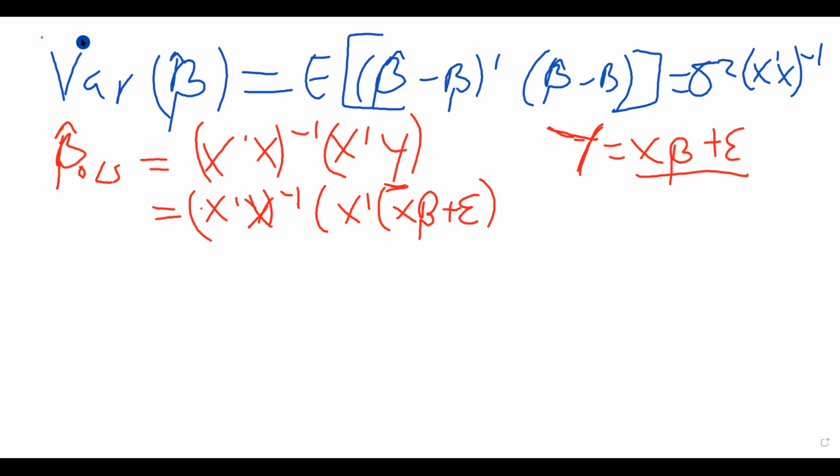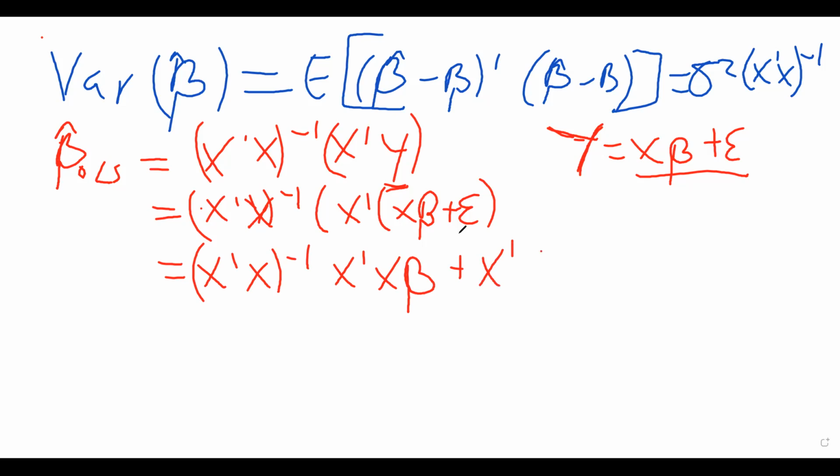So we can now expand it, because you can see that this x prime is multiplying this thing. So that gives us x prime x to the power negative 1, and then x prime multiplying the x beta, plus x prime multiplying the epsilon.